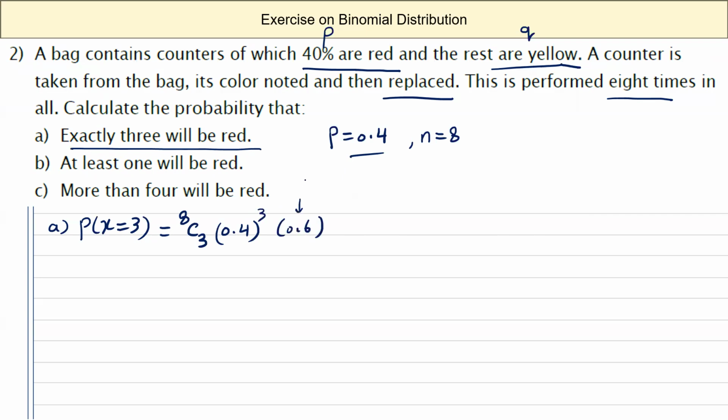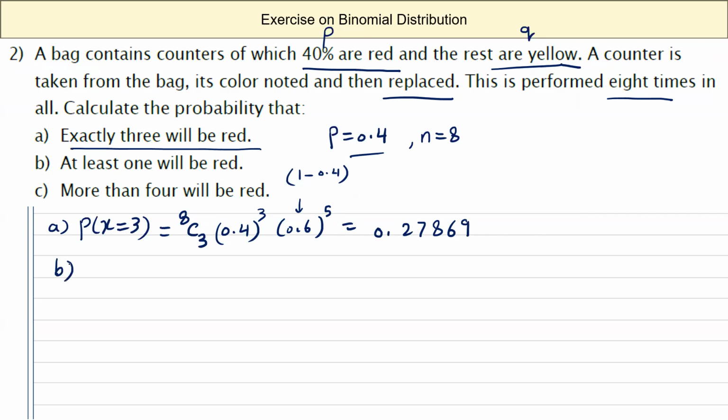You can always get this number by writing 1 minus 0.4, 1 minus the probability of success. Power the rest, 8 minus 3 is equal to 5. And calculating this one, you will get about 0.2787.